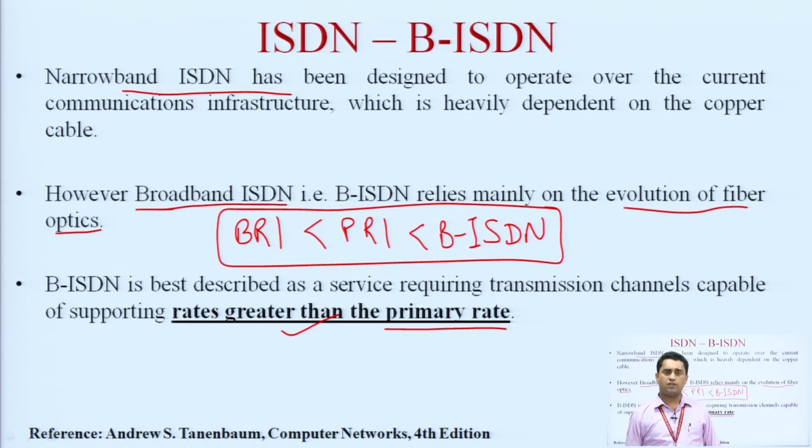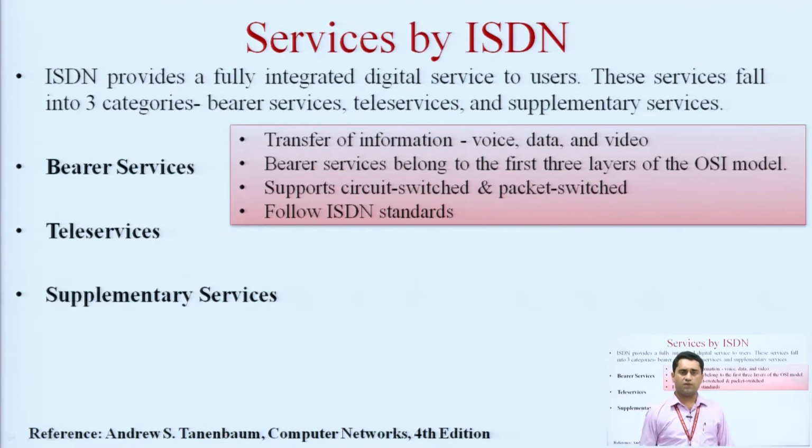The next thing is what services are provided by ISDN. In the first slide we discussed that ISDN provides all types of data sending functionalities. The data transmission is very good in ISDN over PSTN, the traditional method. Yes, this is the main functionality, but it supports some supplementary services as well.